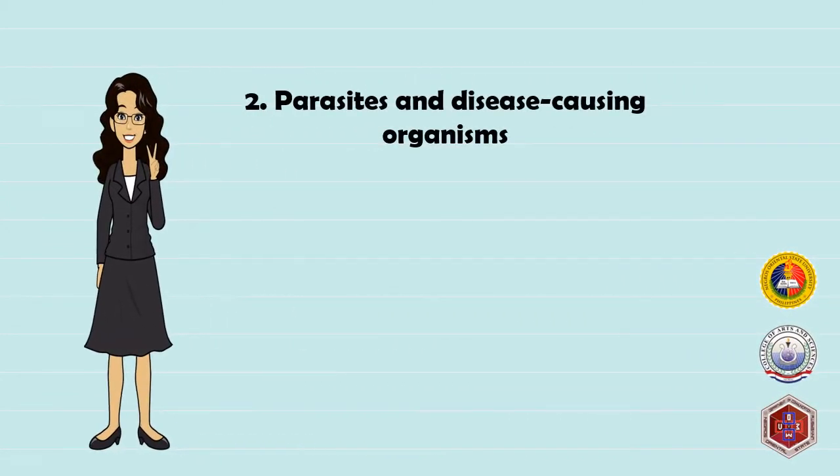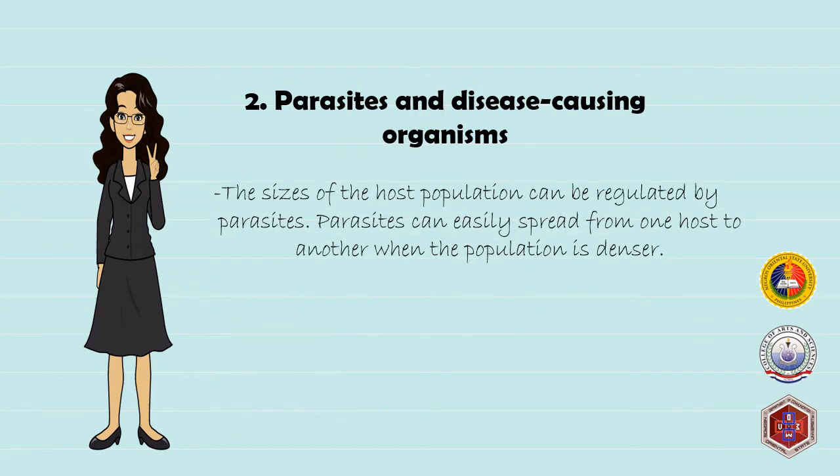Another limiting factor is parasites and disease-causing organisms. The size of a host population can be regulated by parasites. Parasites can easily spread from one host to another when the population is denser.